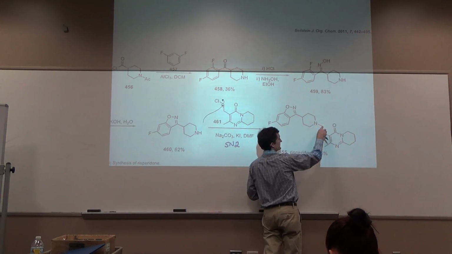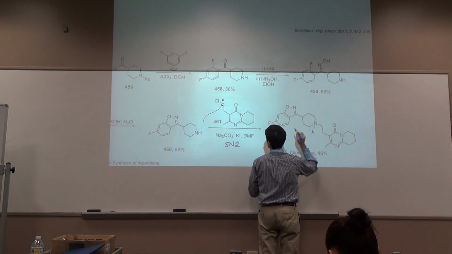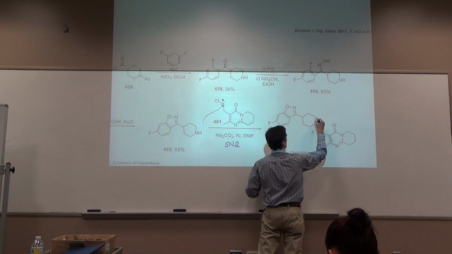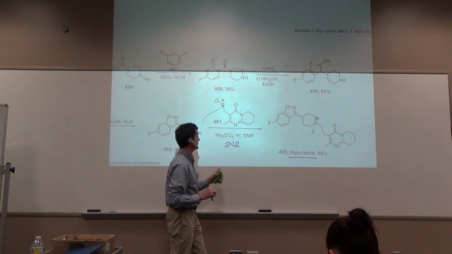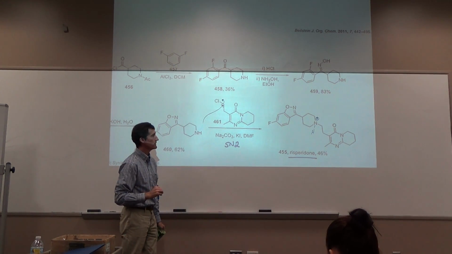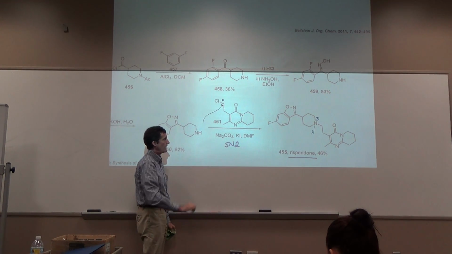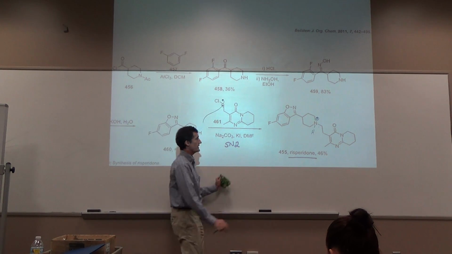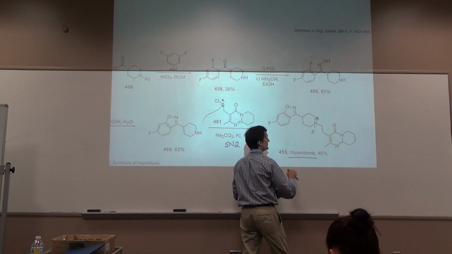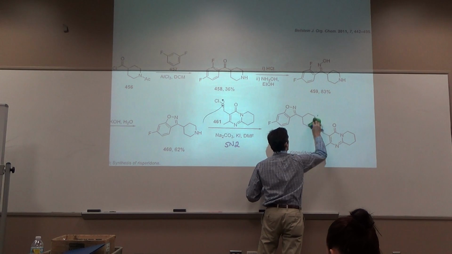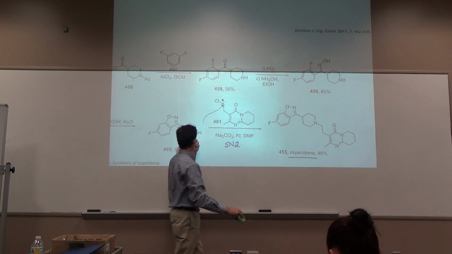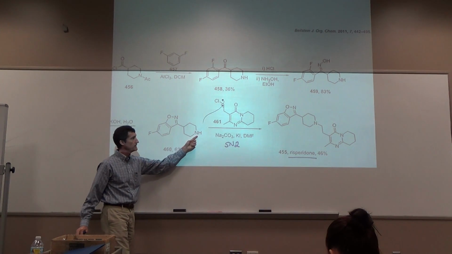Because after the nitrogen displaces the chlorine, there's an H there, right? That's a plus charge. What's the base for? Base takes the H, leaves behind the neutral product. The nucleophile has to lose an H here. It's neutral to begin with.